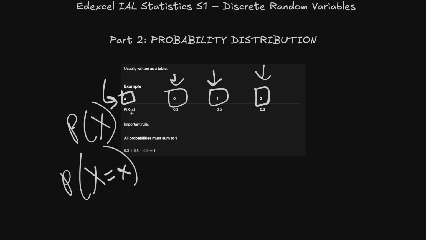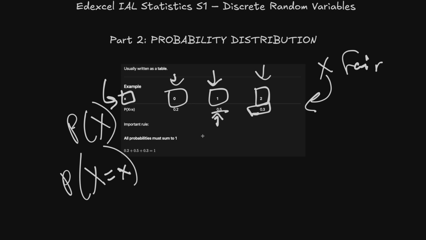So the probability of X being 0 is 0.2. And the probability for big X to be equal to small x, in this case 1, is 0.5. And the probability for 2 is 0.3. Hence, we can see that this experiment is not fair, because the probabilities are not equal.